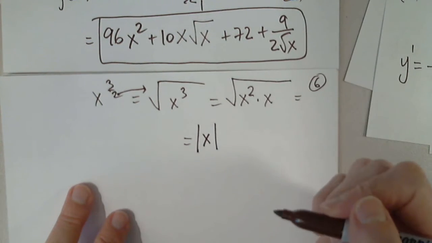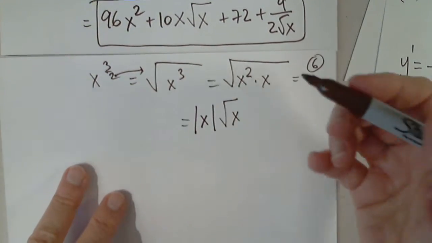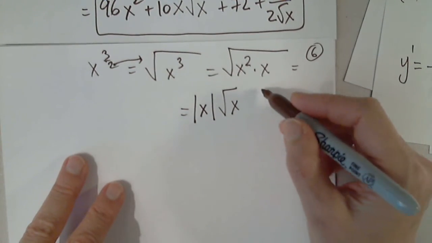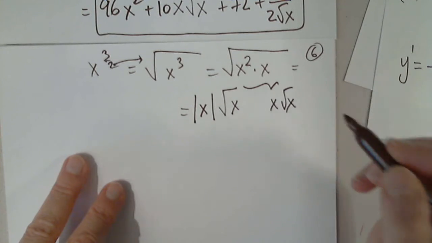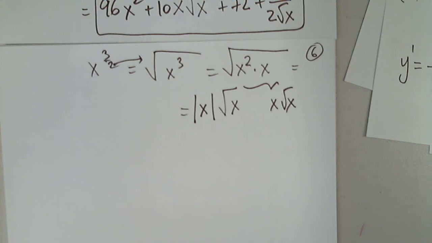Otherwise, I have to write the absolute value of x and the square root of x. So assuming everything is positive, this is x, the square root of x. And that's what I wrote here. That's always the case when the power is higher than the index. Very good question.